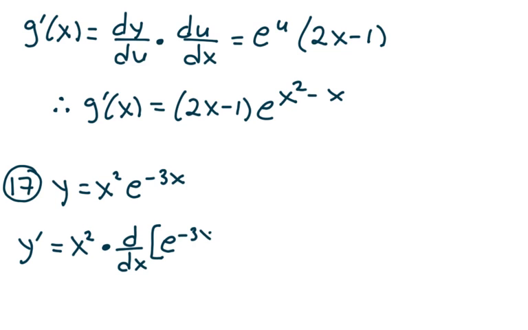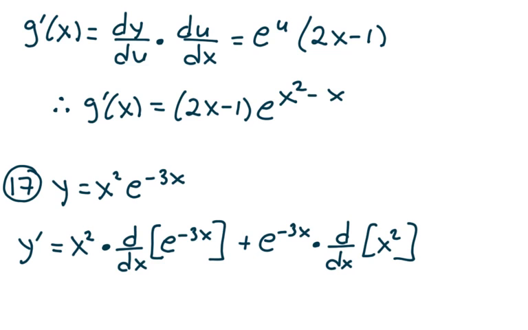So in other words, I'm going to multiply by the derivative of e to the negative 3x with respect to x. I'm going to add e to the negative 3x times the derivative of x squared with respect to x. So we're multiplying by the derivative of the first function with respect to x. So that's product rule.